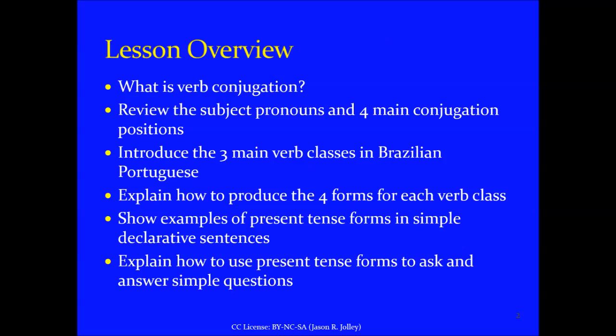Then we're going to talk about the 3 main verb classes in Portuguese, AR, ER, and IR verbs. Then I'll explain how to produce the 4 forms for each of those verb classes. And as I do that, you'll see plenty of examples of present tense forms in simple declarative sentences. And then really quickly, since we'll cover this in a separate lesson, I'll explain how to use these present tense forms to ask and answer simple questions.